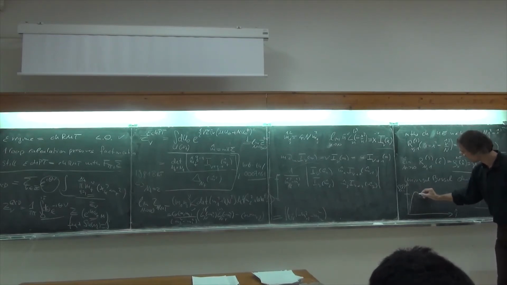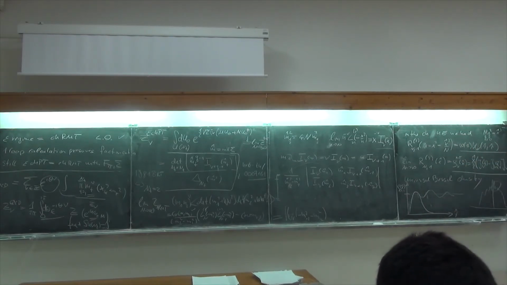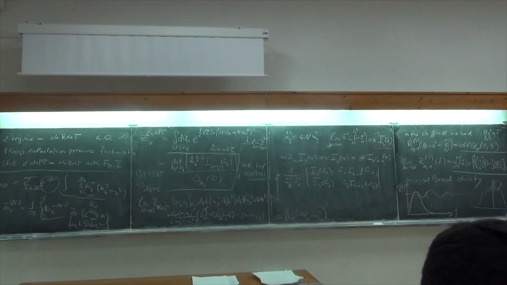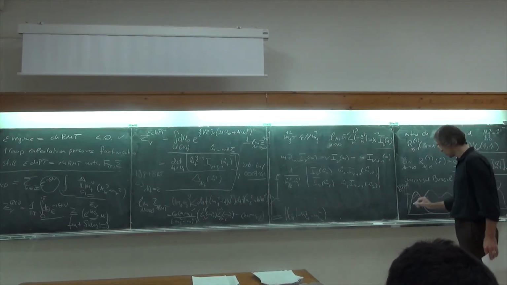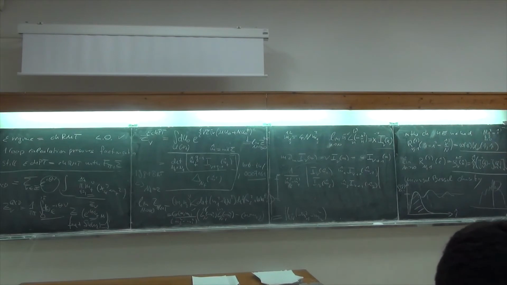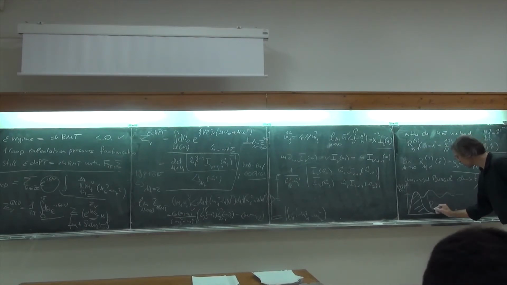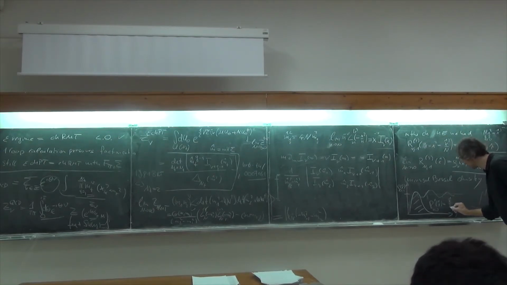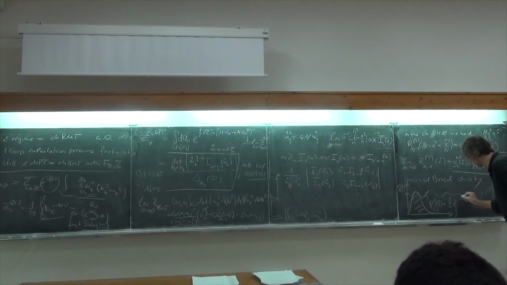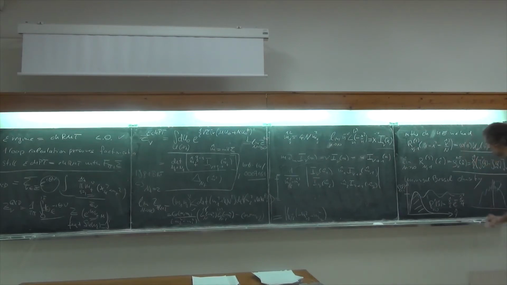But of course, the better quantity is to define the smallest eigenvalue, which can also be done. I don't think I will have time to derive that, so let me just write down the quantity. This is P of the first eigenvalue, mu equal to 0, and that is just e to the minus x squared over 4. And if you take Mathematica, you put mu equal to 0.